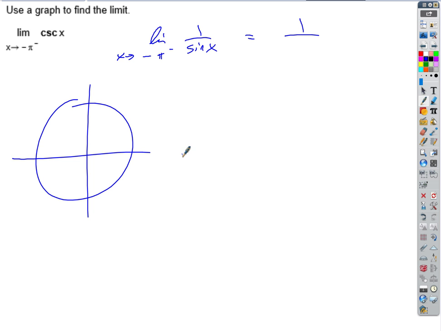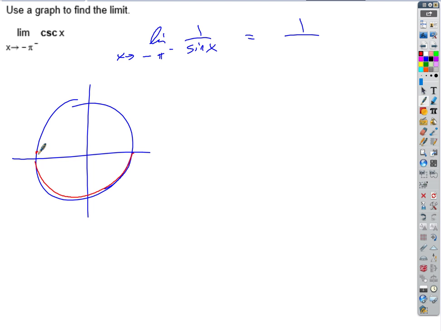If I'm going to negative pi, that means I'm going to move around the unit circle. There's negative pi. There's a little bit more than negative pi, right? In other words, slightly less than negative pi. So sine is the y component, agreed?